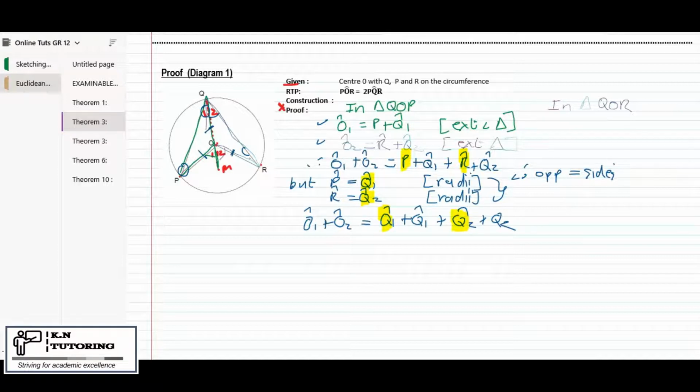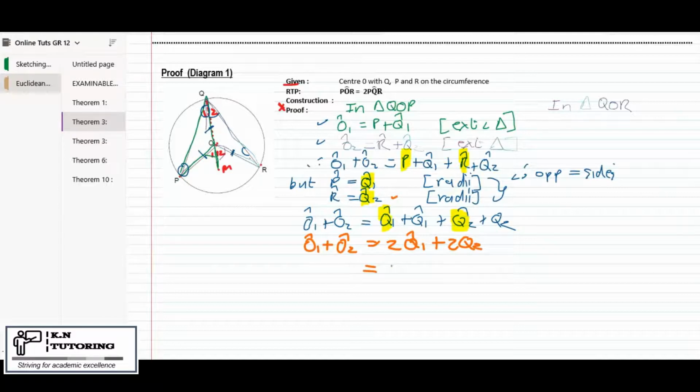And then I can continue with my equation and say O1 plus O2 equals 2 times Q1 plus 2 times Q2. So we've got like terms here. Then I'm going to simplify this.